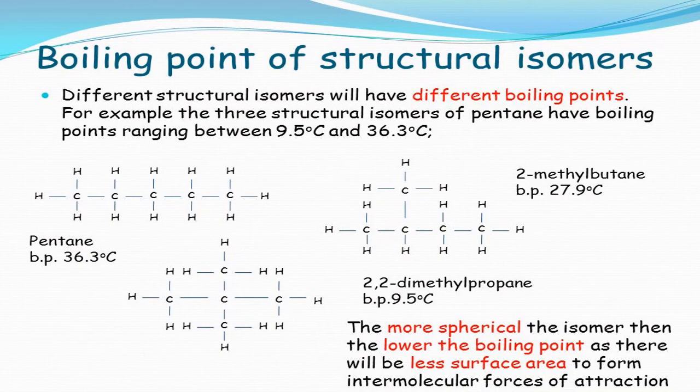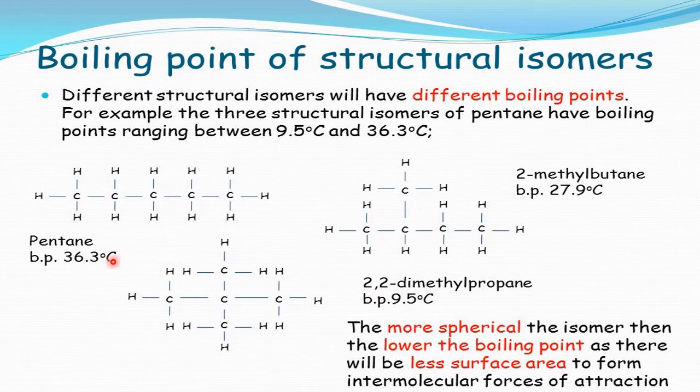Now, this is a very interesting and most important property, especially of the isomers of pentane. These three are the isomers of pentane. This is normal pentane, this is isopentane, this is neopentane. But as per IUPAC, this is 2,2-dimethylpropane, and this is 2-methylbutane. Please see the boiling points.